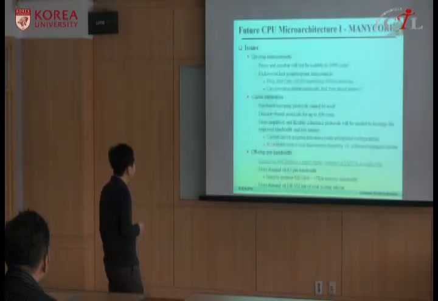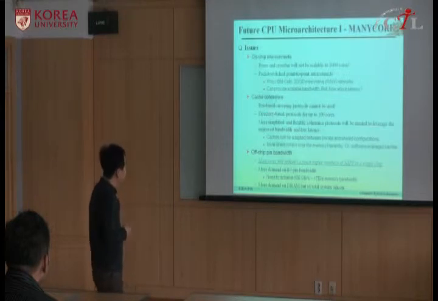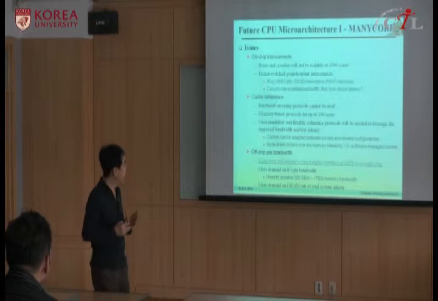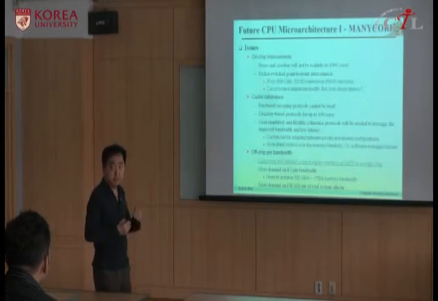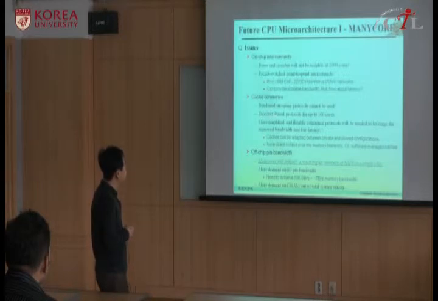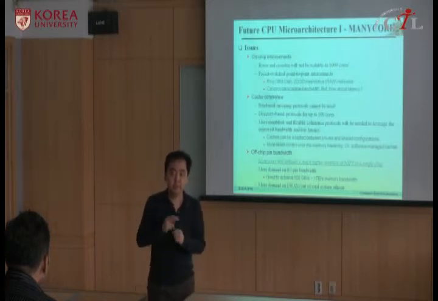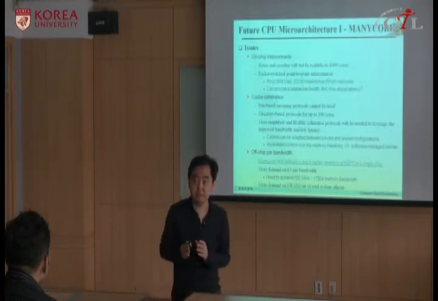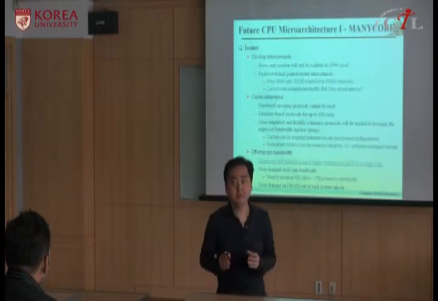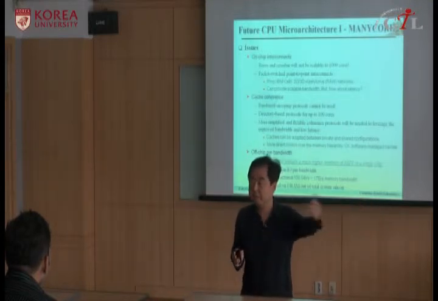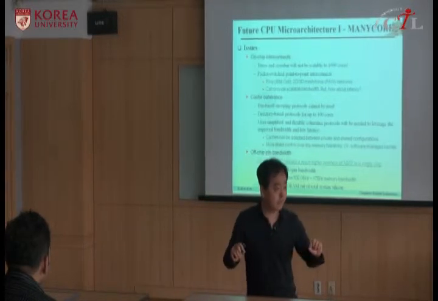Okay, cache coherence protocol, the bus-based snooping protocol, which I gave you a brief idea, is not scalable, only up to 4 cores or maximum 8 cores. So you need some directory-based cache coherence protocol, which means for every cache block you need to maintain which processor has a copy of it. Okay, and the simplest one is called the full map directory, which has, if you have 100 processors, 100 bits.